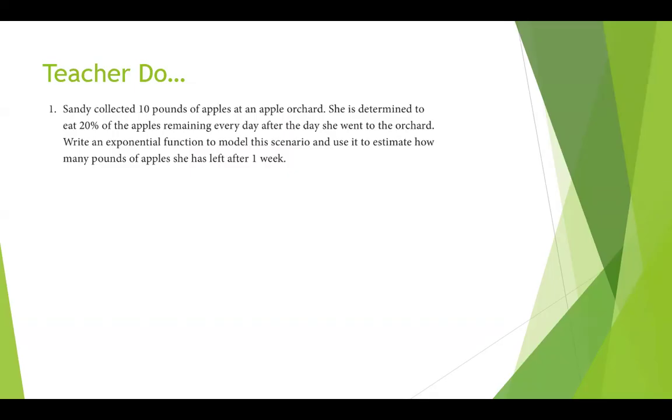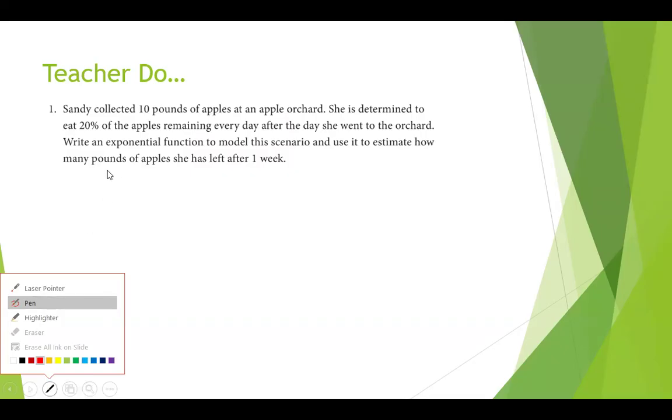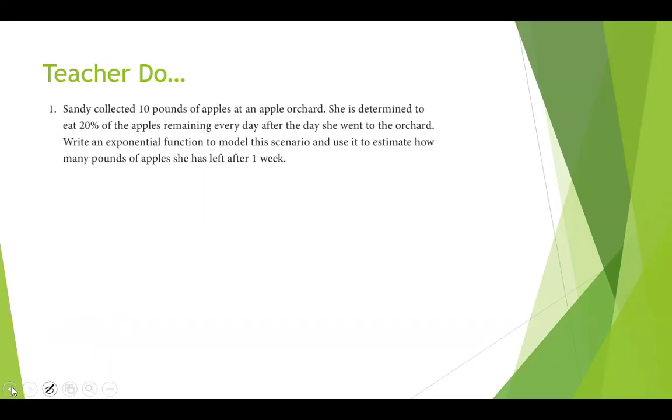All right. So the first thing we have to do is establish what is our initial. Our initial amount is what? 10 pounds. So she has 10 pounds of apples, right? Okay. She is determined to eat 20% of the apples remaining every day.